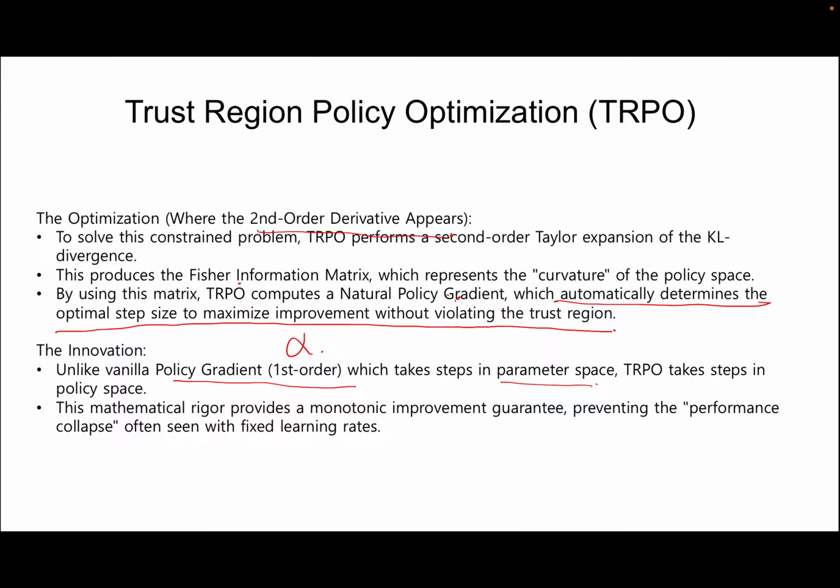That is the good thing about TRPO. And this mathematical rigor provides a monotonic improvement guarantee, preventing the performance collapse often seen with a fixed learning rate, as in the original PG. TRPO, with the second order derivative, automatically figures out the maximal step size that does not violate the trust region assumption.